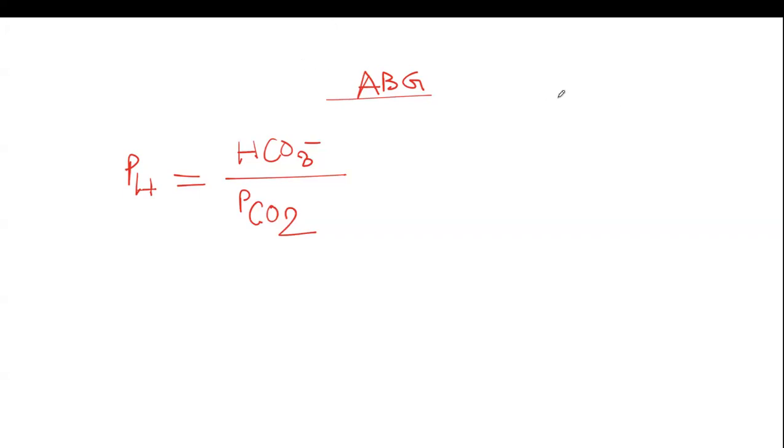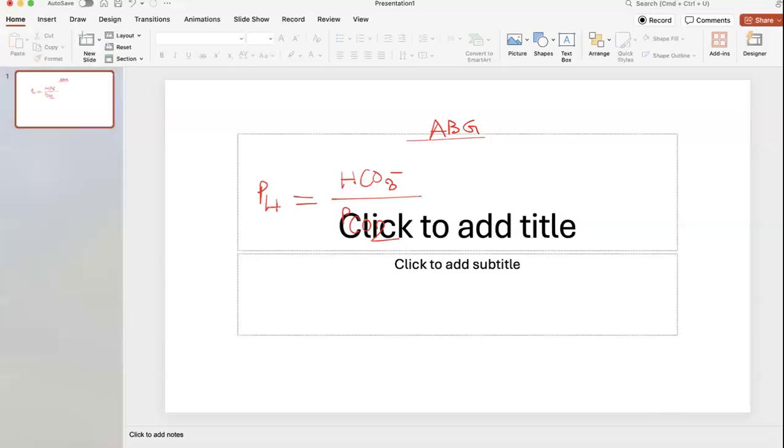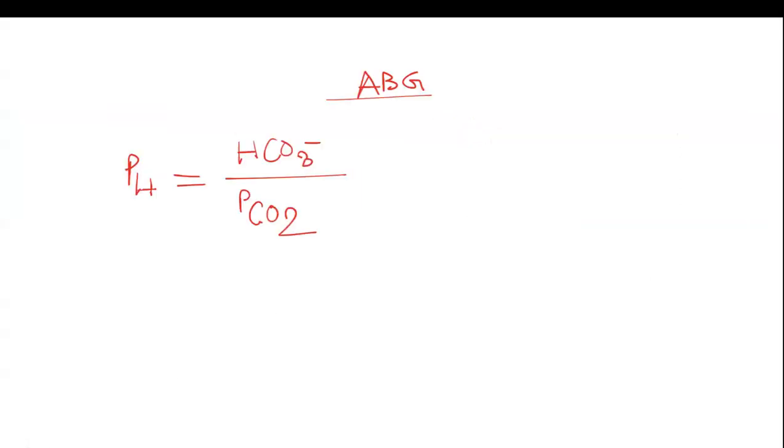First of all, you also need to know the normal findings, because normal values usually are not given in the exam. Normal pH is 7.35 to 7.45.